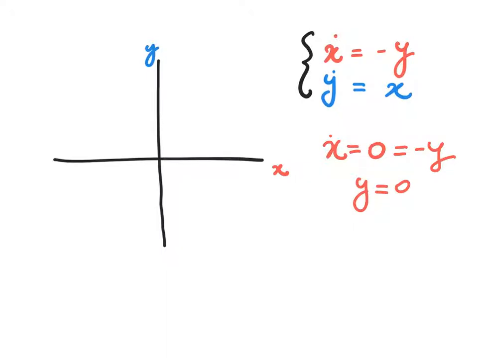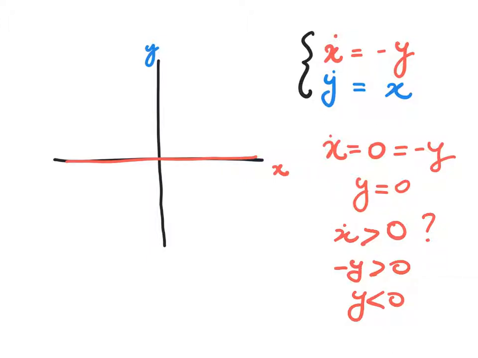That is, the x-axis. To decide for the direction of the x component, we solve now the inequality. When is x dot positive? Well, when minus y is positive, meaning when y is negative.